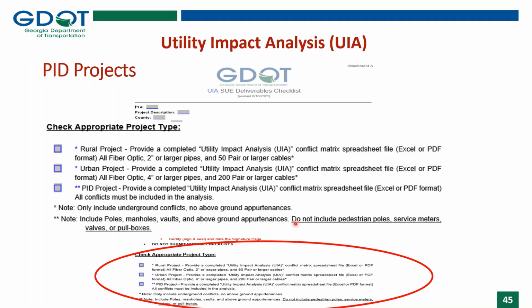However, you will not need to include the traffic control pedestrian poles, any utility service meters, any valves, or pull boxes associated with traffic control. However, you will need to have in your UIA the handholds associated with fiber optic traffic control utilities.